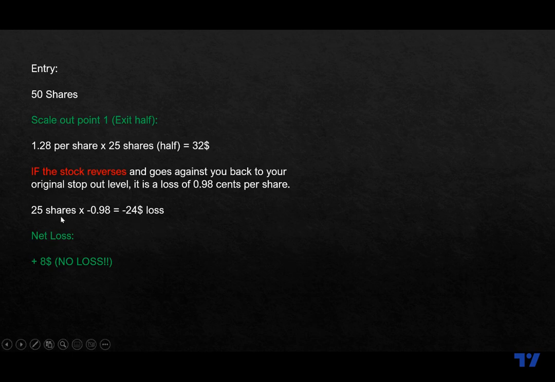So if it does come back to my stop out, I'm only losing negative 98 cents per share. So it's a $24 loss on the remaining shares, but my net loss is only $8. My net loss is positive $8 because I locked in at the first resistance level.